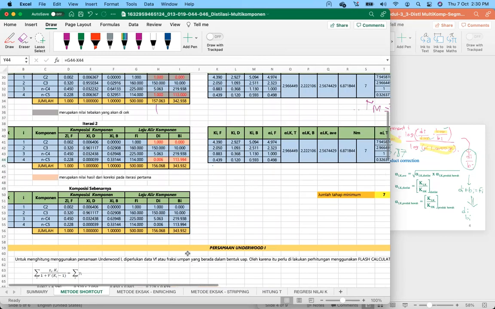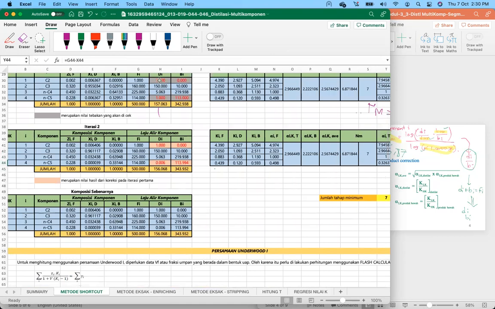So apparently the real values are actually quite close to our assumption of 1 and 0. If we assume this is 1, for example, in the bottom, the real amount is not 1 mole, but only very little, which is 0.006.